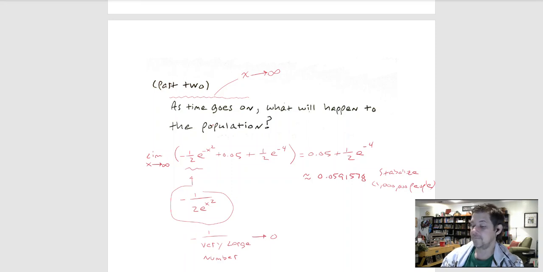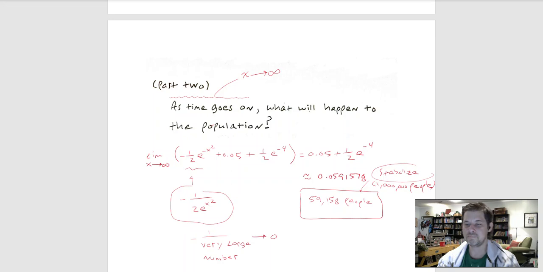Okay, so that turns out to be 59,157.8, or I'm going to round it to the nearest person. All right, so in the long run, my population will stabilize to a little less than 60,000 people. Exact number 59,158, rounded to the nearest person.